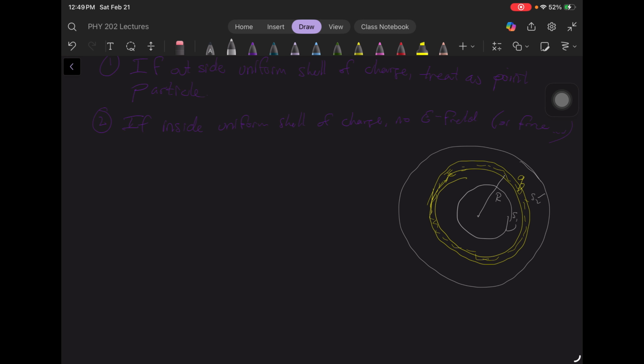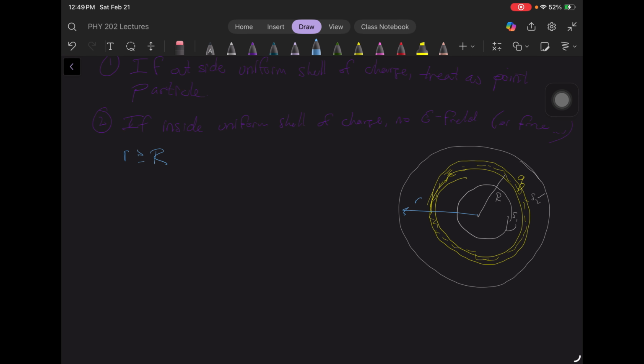Okay, and then let's say we have some R that we can vary, right? And so we're going to look at when R is less than big R and R is greater than big R. And so let's start with R is greater than or equal to capital R. Okay?